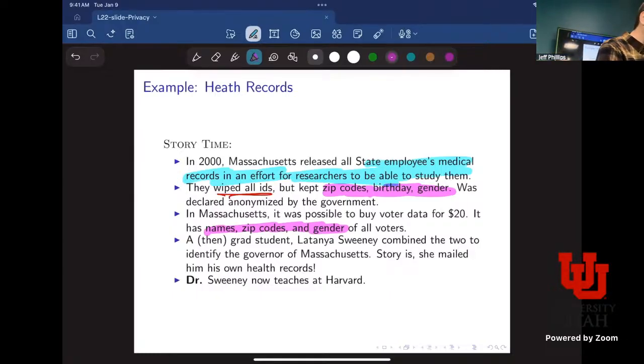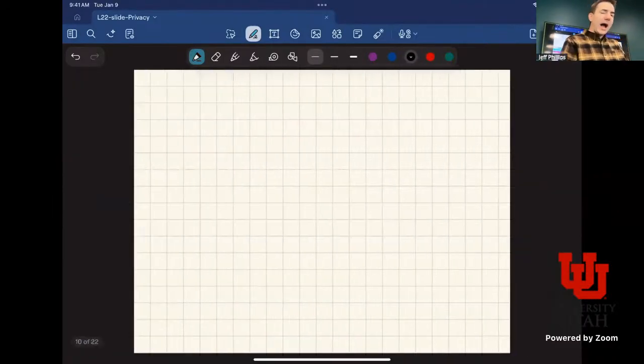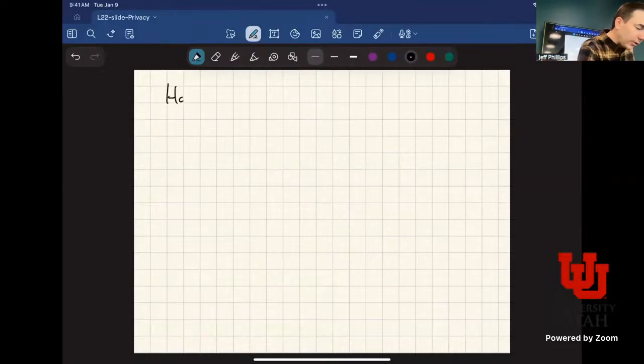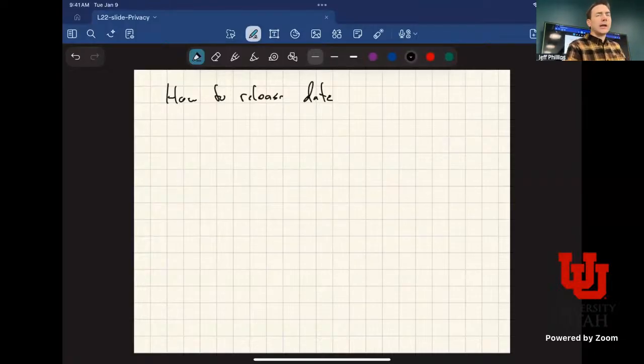So we just need a better understanding of how to release data so it's going to be anonymized. Okay, so how can we release data anonymously?